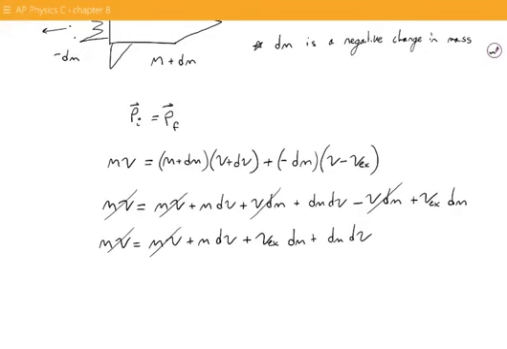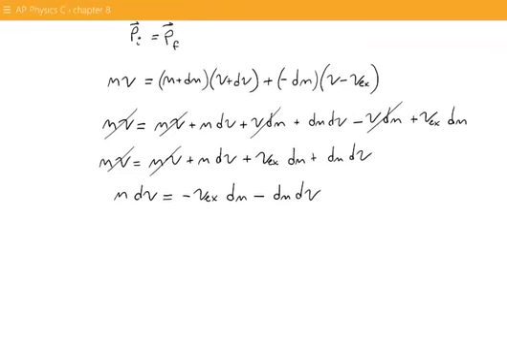And so we're going to get m dv is equal to negative the velocity of the exhaust dm minus dm dv. And at this point, we might be interested in the time rate of change, so we could divide both sides by dt.